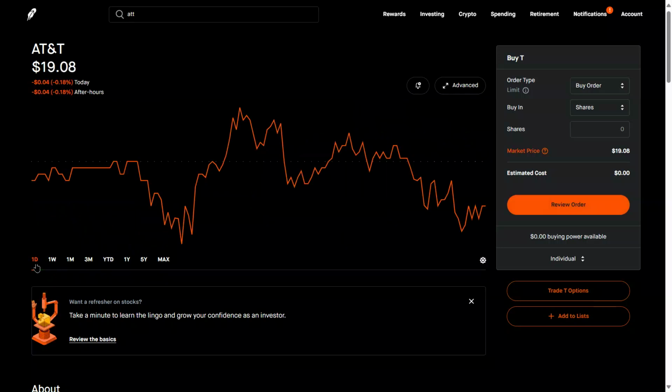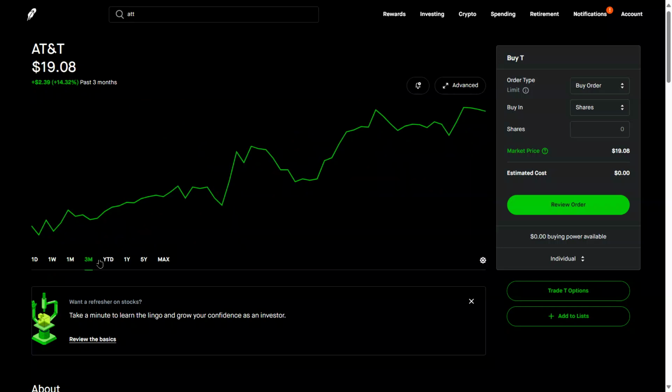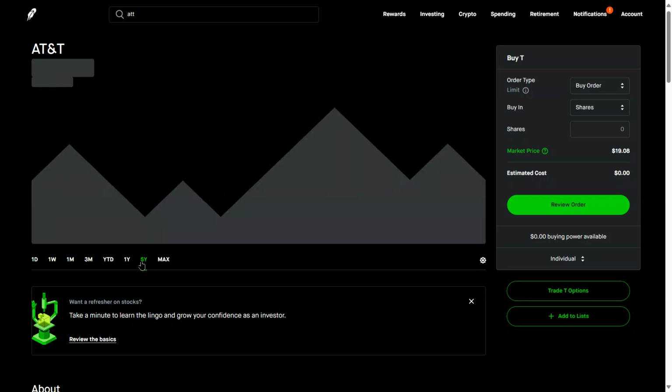It shows you what happened today, because that's what the 1D is for: what it did during the day and after hours, after the market closed. It shows you what it has done over the week, the whole week, month, 3 month, and so forth. Year to date, 1 year, 5 year.